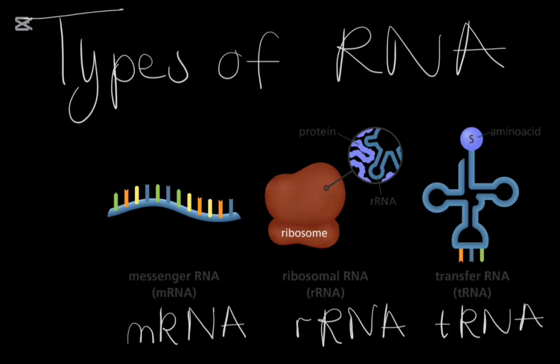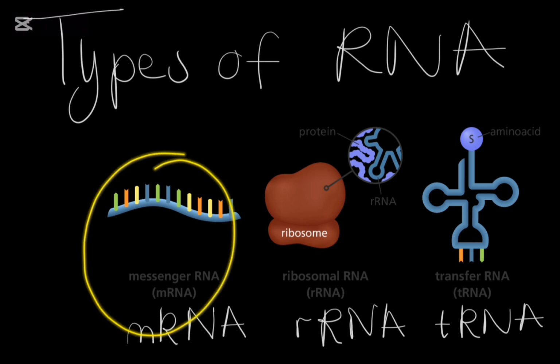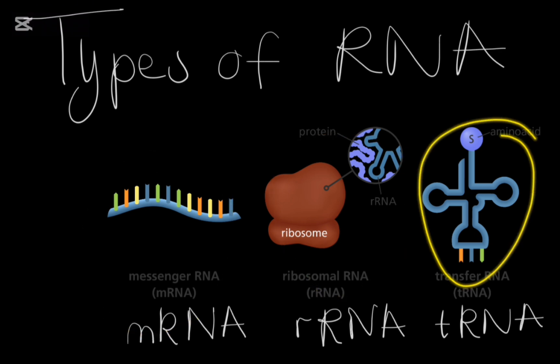So here we have the 3 types of RNA, being messenger RNA, ribosomal RNA, and transfer RNA. They all look different. We are gonna emphasize more on messenger RNA and transfer RNA during protein synthesis.